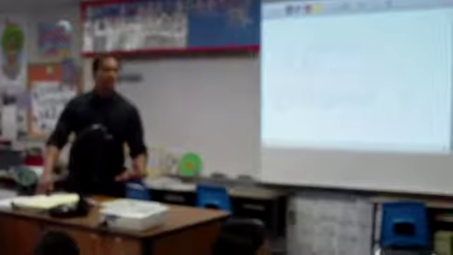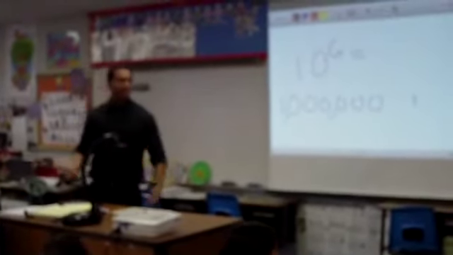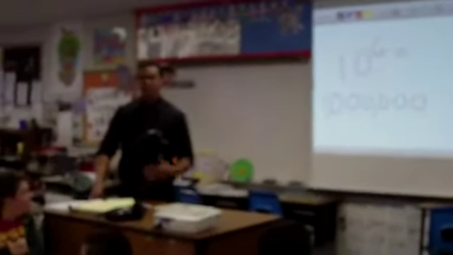If we had 10 to the 1,000th power, that would be 1 with how many zeros after it? 1,000. Yeah, 1,000, not 10. Anytime you have 10 to the power of a number, it's just a 1 with that many zeros after it.